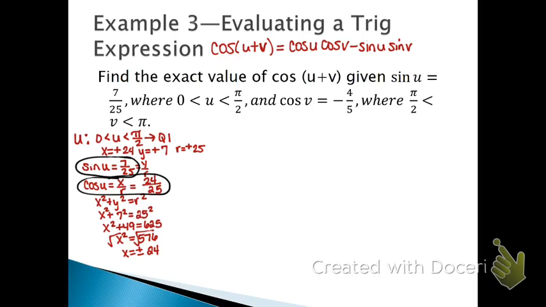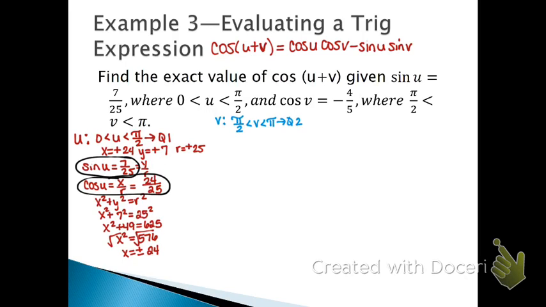All right, so let's do the same thing for angle v. What do I know about angle v? Well, I know v is between pi over 2 and pi, correct? So that tells me it's in which quadrant? Two.